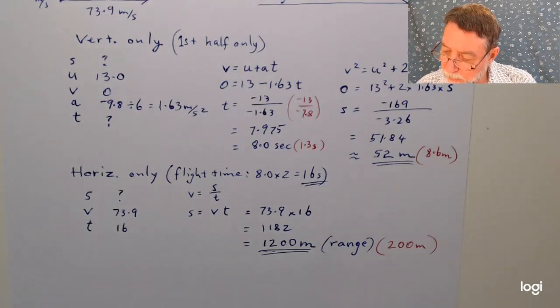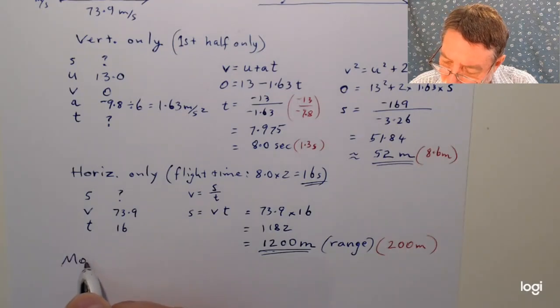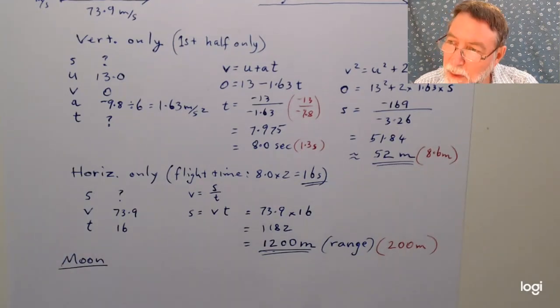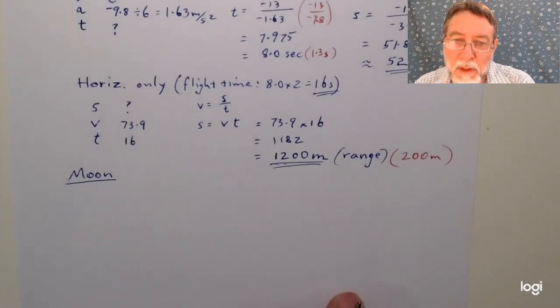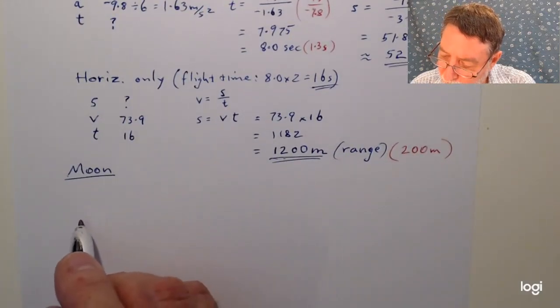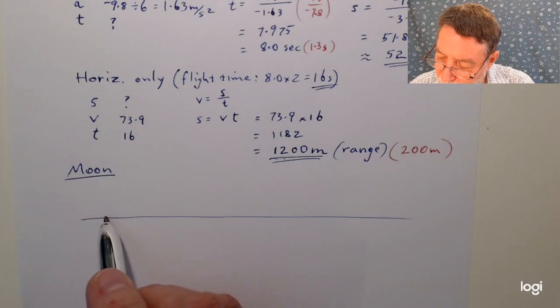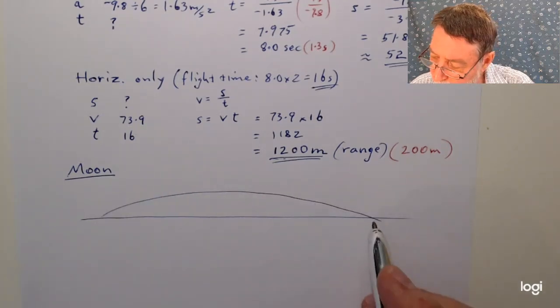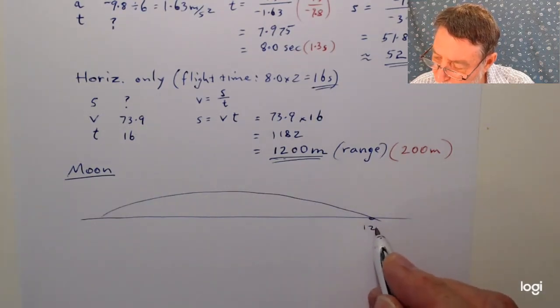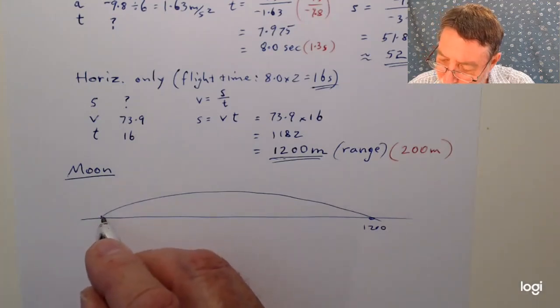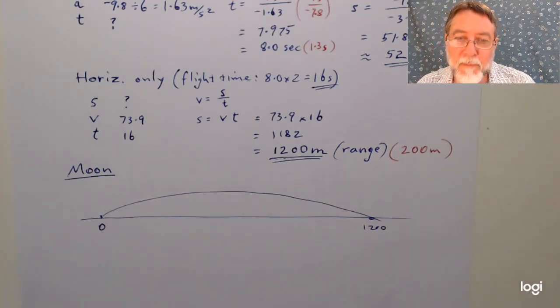Just by way of comparison, I'm just going to attempt a bit of a sketch here. Say on the moon, trajectory looks like this, and there's 1200. This is the astronaut hitting it, 0.